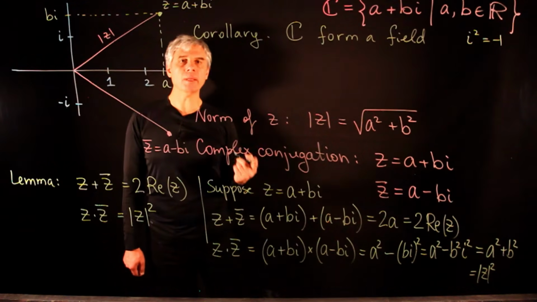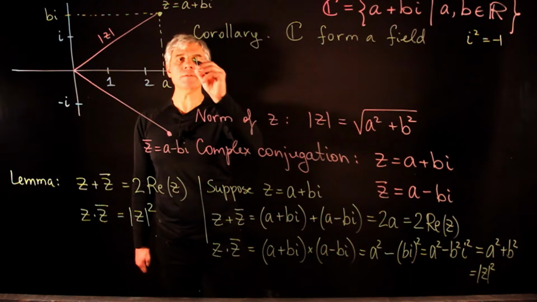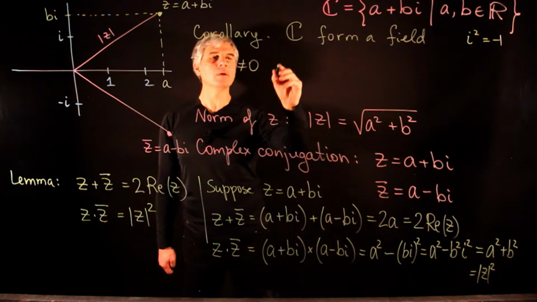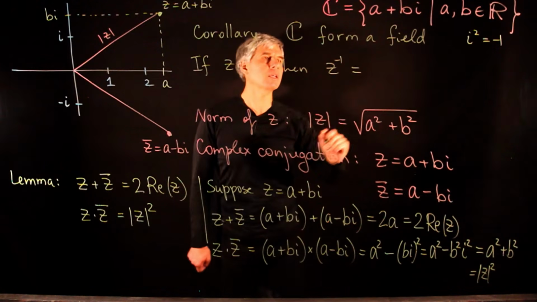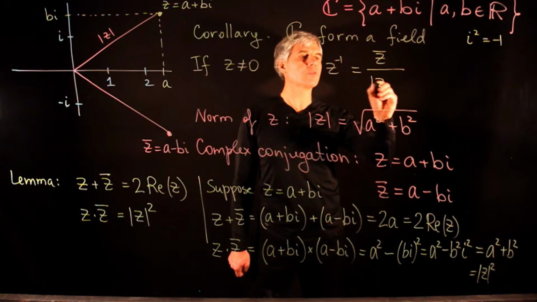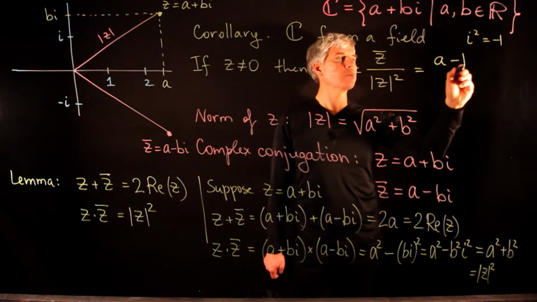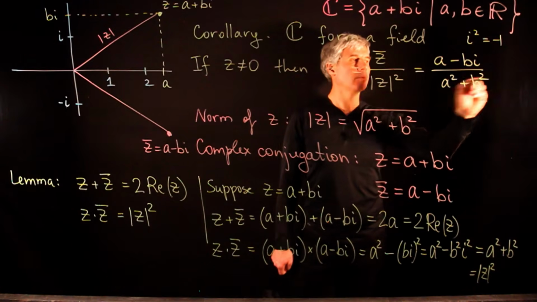And the only tricky place is multiplicative inverses. So if z is not equal to 0, then the inverse of z is defined as z bar divided by the norm of z squared. Which is a minus bi over a squared plus b squared.